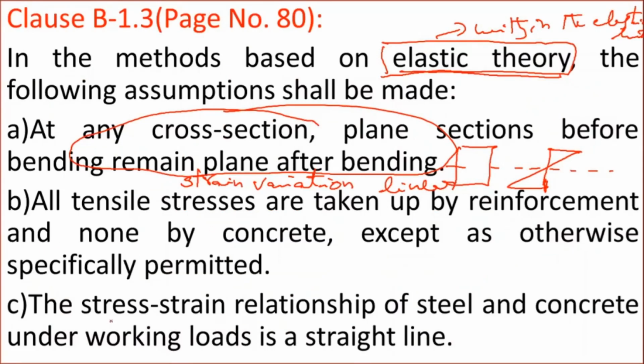And the third assumption is the stress-strain relationship of steel and concrete under working loads is a straight line. While discussing the first point, I told that the working stress method is based on the elastic theory. That means loads are applied within the elastic limit. So when the loads are applied within the elastic limit, stress is always directly proportional to strain.